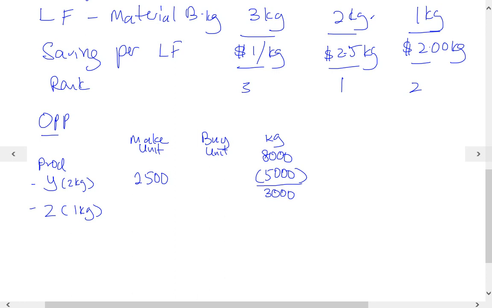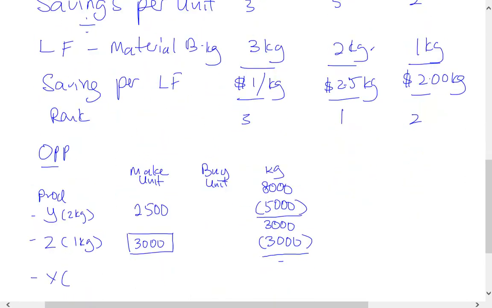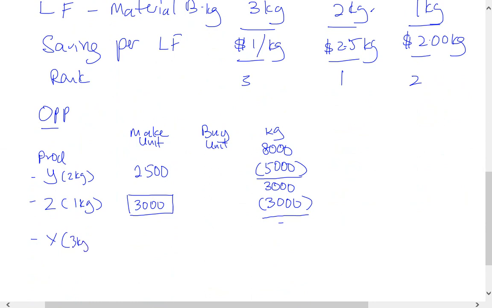So go backward. I can produce only 3,000 units. I want to produce 4 because I saved, but not enough. I can only produce 3. Next one is X. X requires 3 kg. No more. So can't make X.